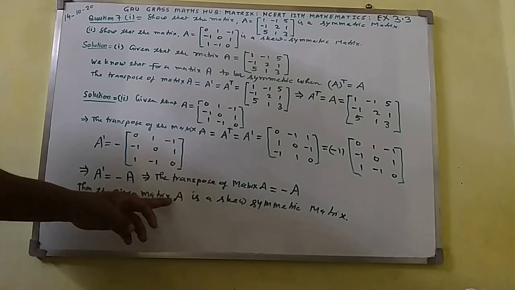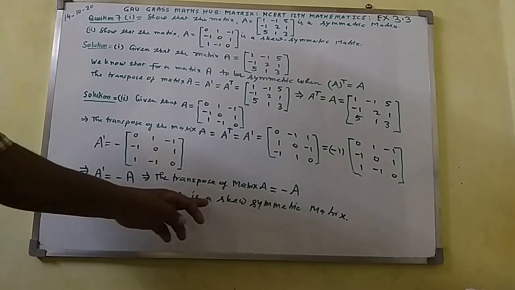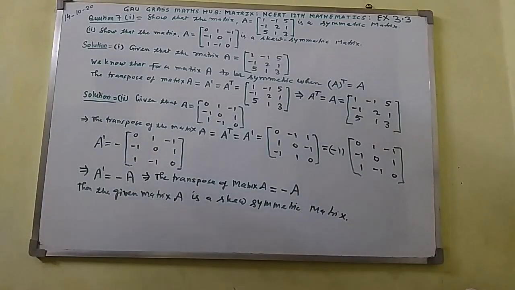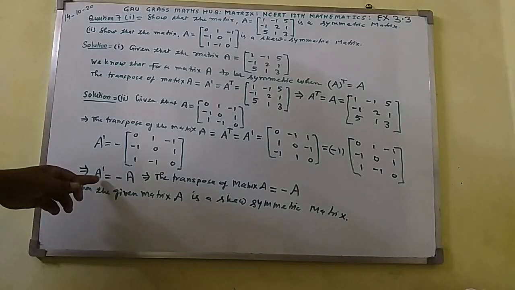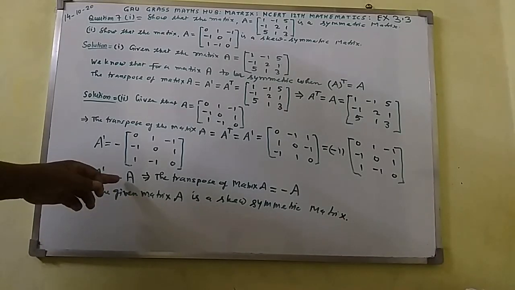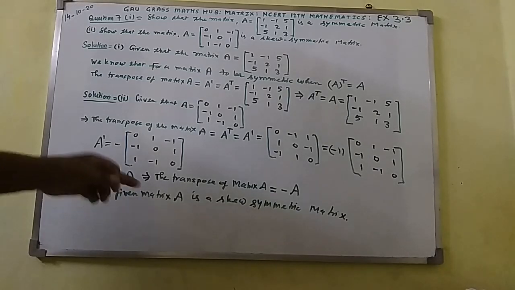The given matrix A will become a skew symmetric matrix when the transpose of the matrix A equal to minus the given matrix A.